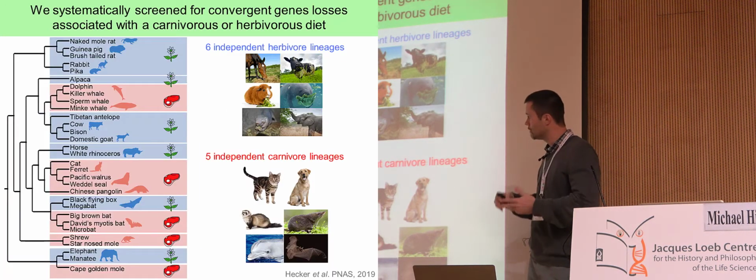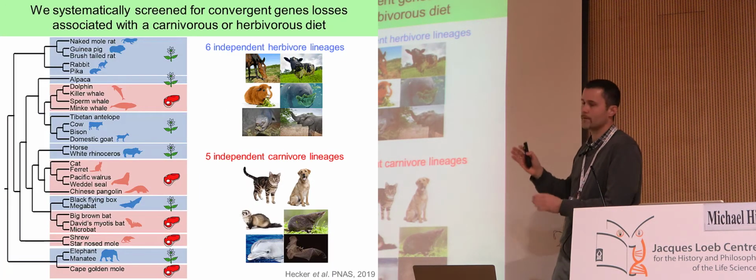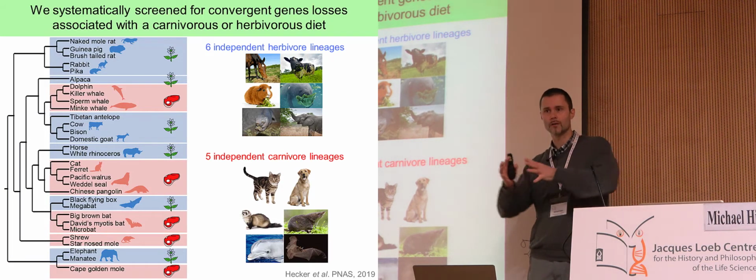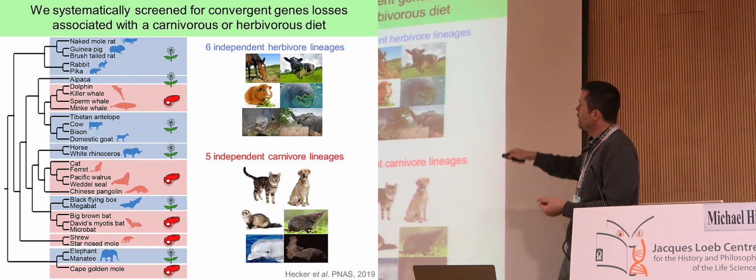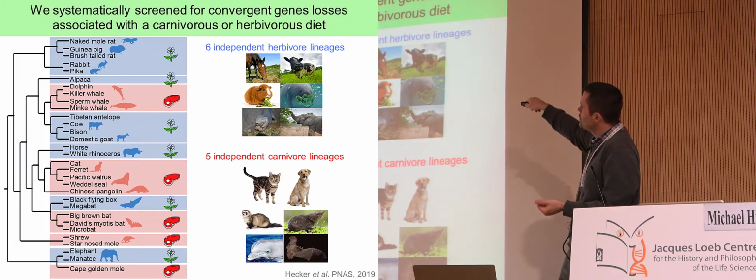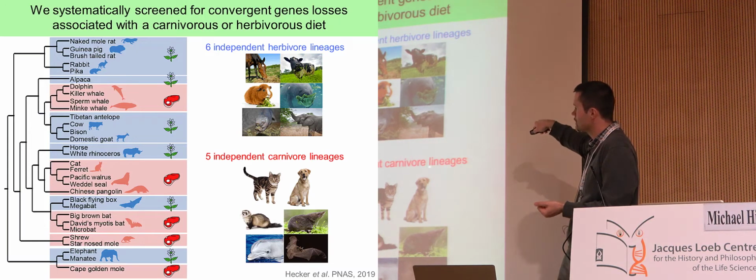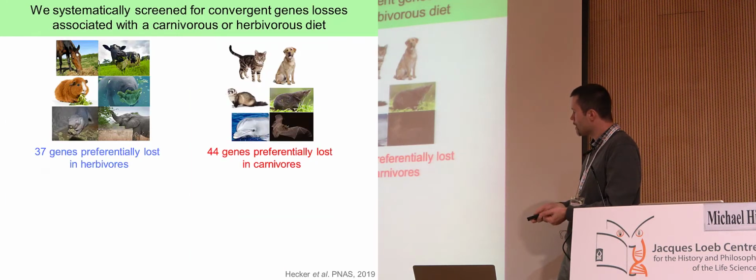We excluded all omnivores, which are somewhere in the middle if you polarize herbivores and carnivores. We had 6 independent herbivore lineages and 5 independent carnivore lineages. We found 37 genes preferentially lost in herbivores and 44 genes preferentially lost in carnivores.